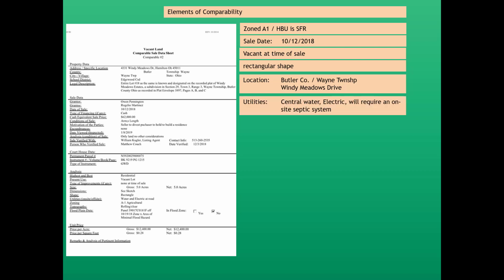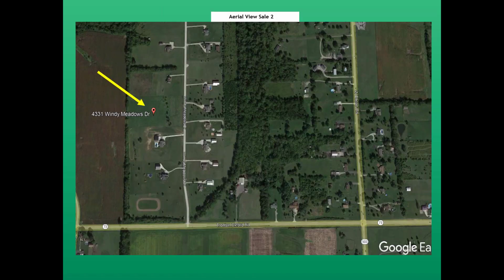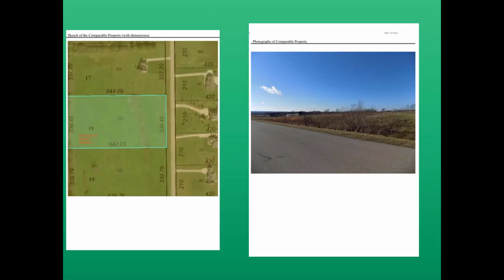Utilities would be central water and electric, and if it's developed, it will require an on-site septic system. So the price per square foot is 28 cents a square foot, and the price per acre is $12,400 an acre. Here's an aerial of where that property is located at, and here is a sketch and a photograph of the sale property.